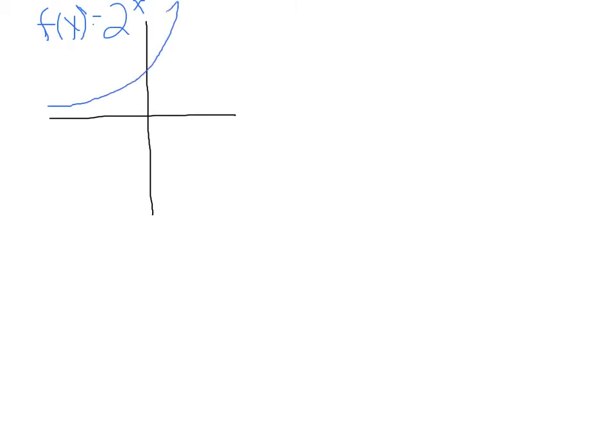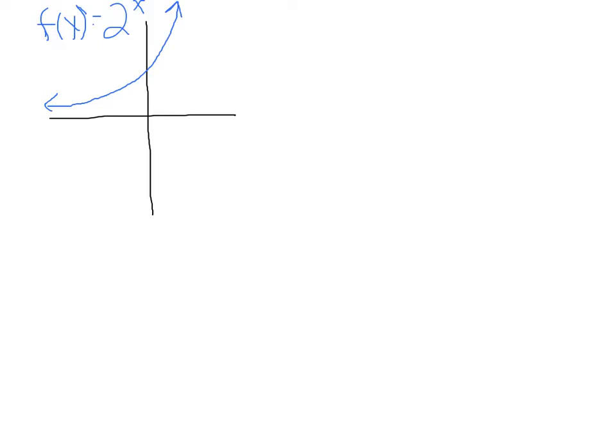In the first section of this unit, we learned about exponential functions, and one possible exponential function might be f of x is equal to 2 to the x. If we were to graph that exponential function, we know it's a growth function, and it winds up looking approximately like that.